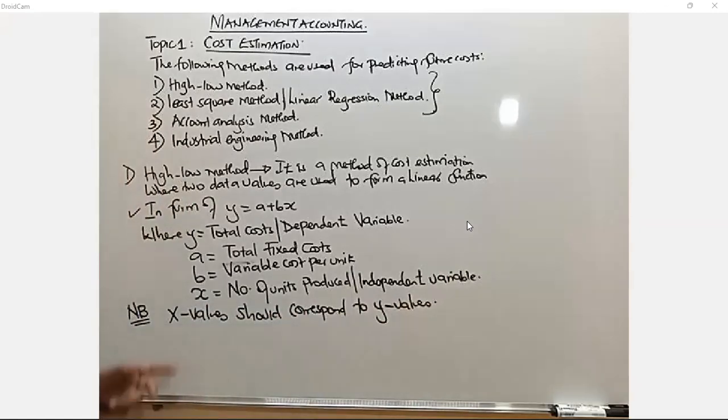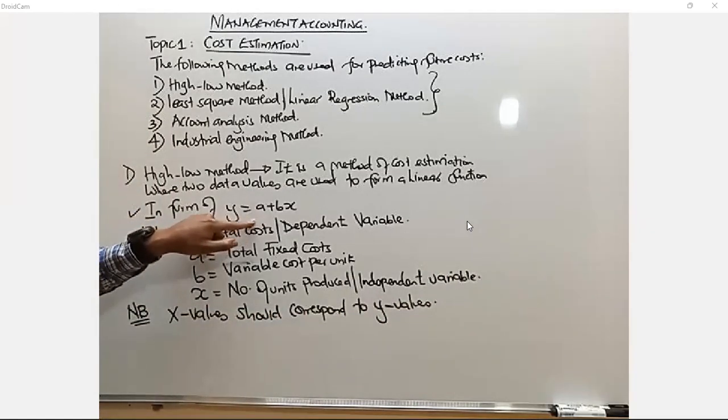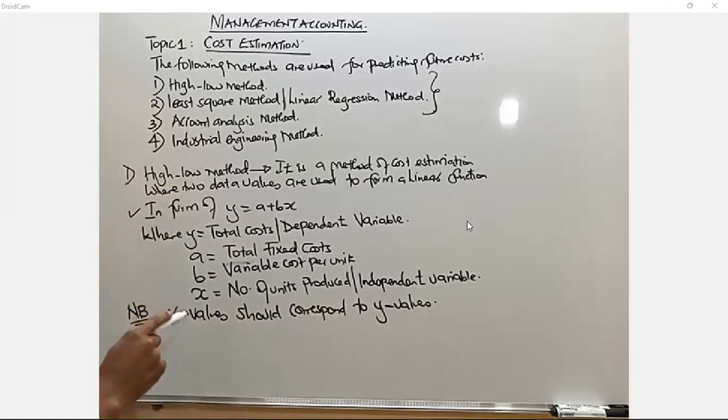When we form our linear equation, we take the highest and the lowest points from the data provided by the examiner. This means we take only two data values, but they correspond to x values. So my x is what guides me on how to select the y variable. I will explain it more when I do an illustration.